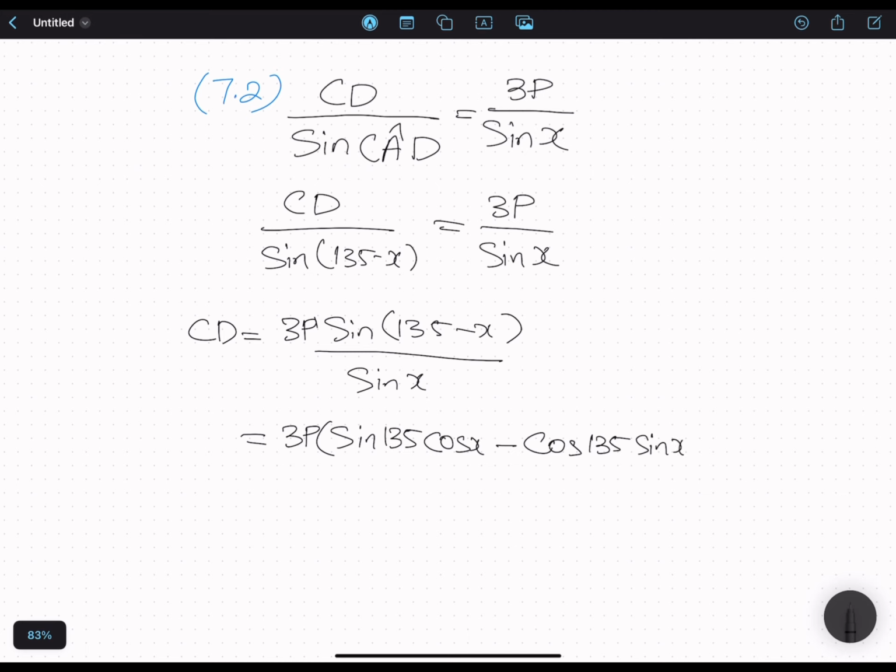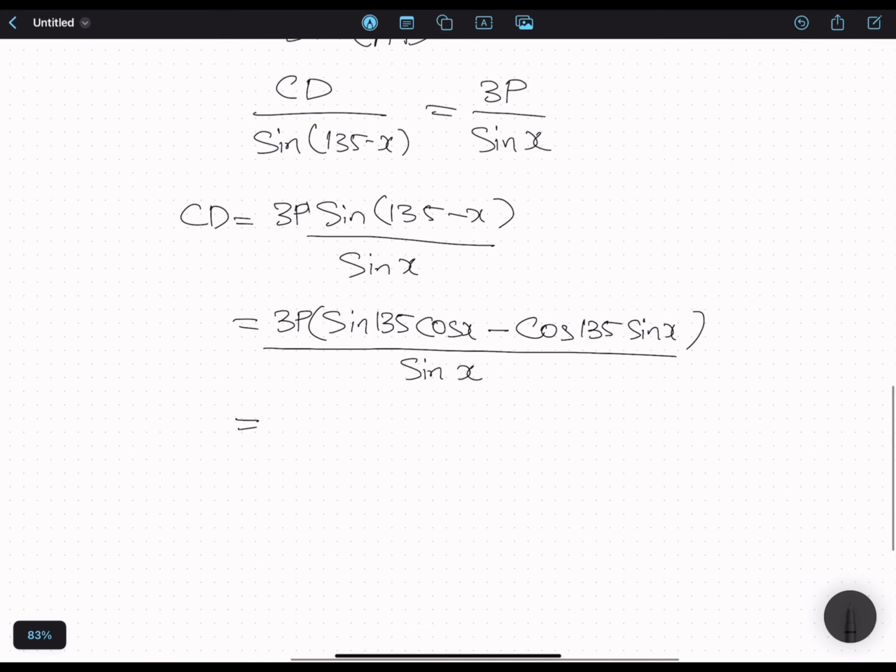We can have something like this, right? Then we have sine x. So let's try to simplify this further. If you simplify this further, you're going to have 3p, sine 90 plus 45 degrees, then we have cos x, minus the same thing here, cos 135 which is cos 45 degrees, sine x, right?